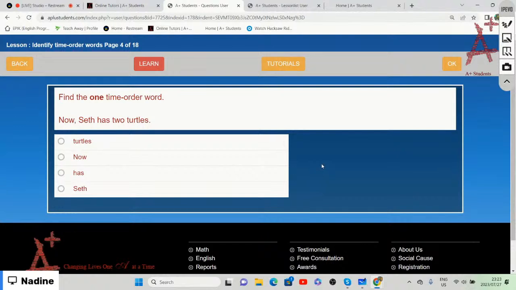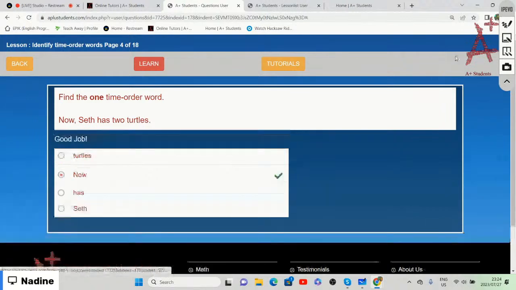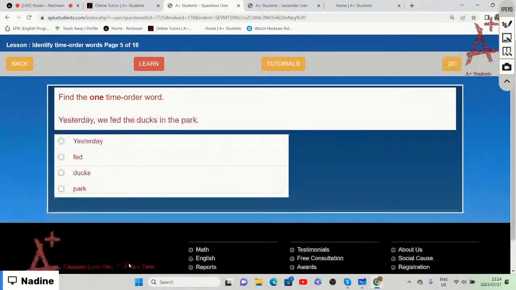All right, so if we were to select the one time order word, then we will choose "now." Right now. Yesterday we fed the ducks in the park.